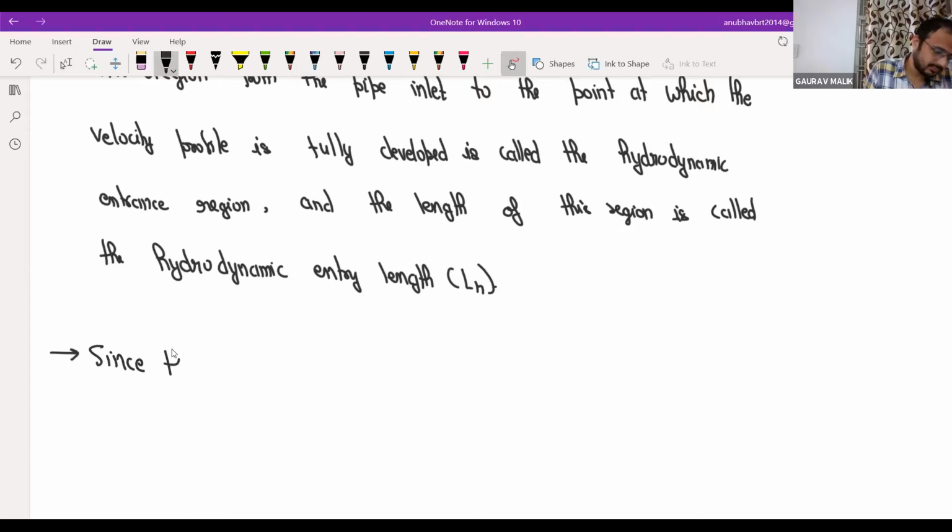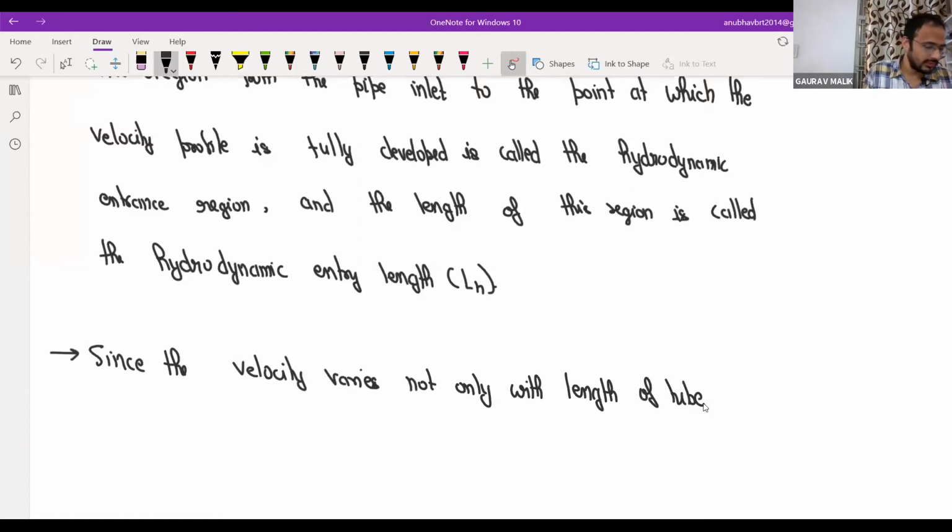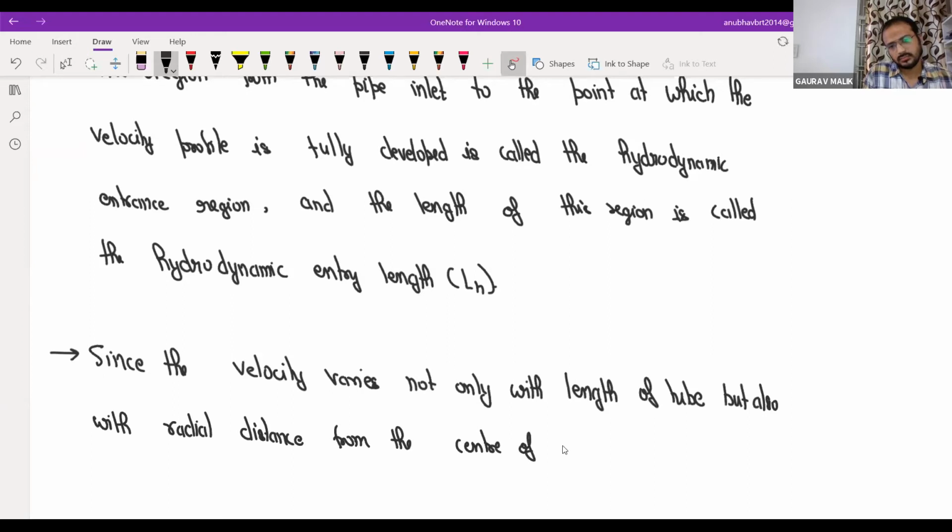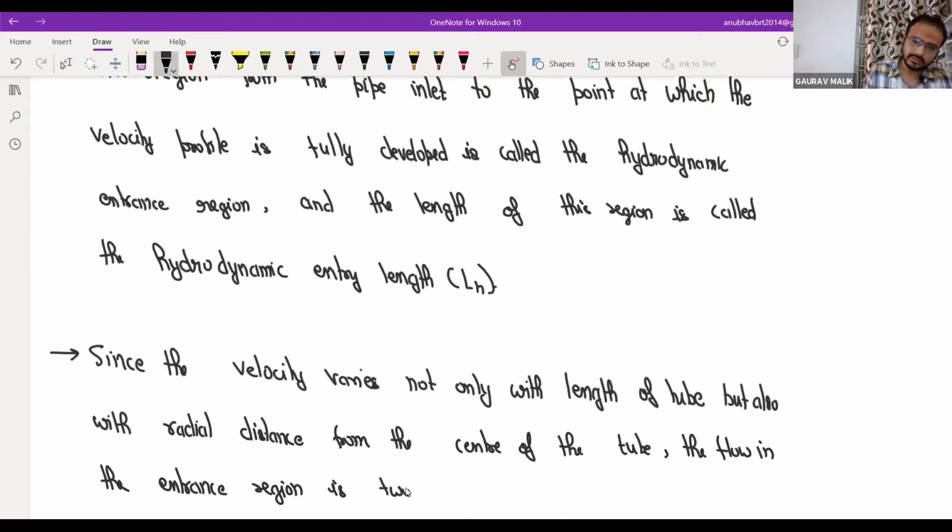You can write: since the velocity varies not only with the length of the tube but also with the radial distance from the center of the tube, the flow in the entrance region is two-dimensional.